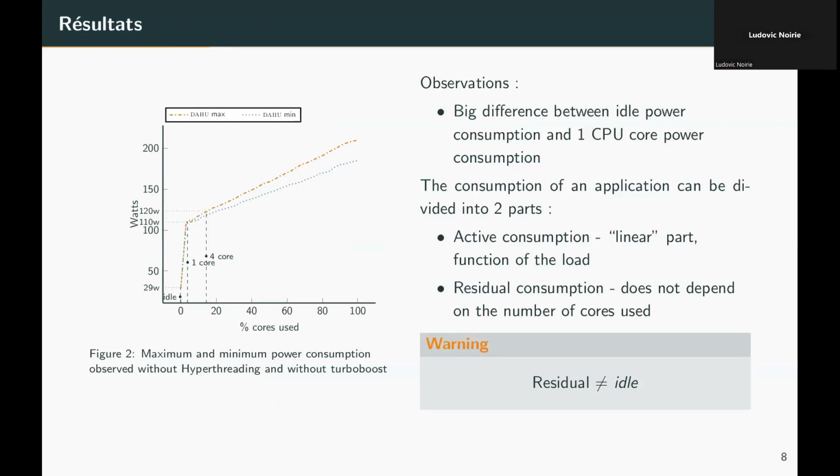Because here, if you have a sharing of the CPU between two processes, then maybe if you remove one application, the other will consume more because it will go faster, because it will try to consume all the CPU that is available. So for the moment, we deactivated hyperthreading and turbo boost. So here on the figure, you can see that if you remove the second application, the first one will not consume more.